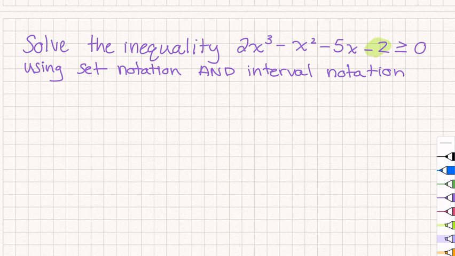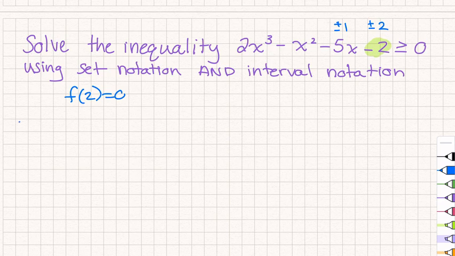I'll give you a moment to check plus or minus 1 and plus or minus 2. Which value is going to make this function equal 0? Now that we know that f of 2 makes this function equal 0, we're going to divide.